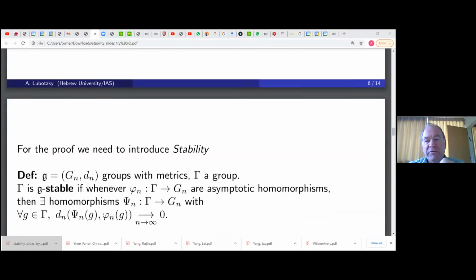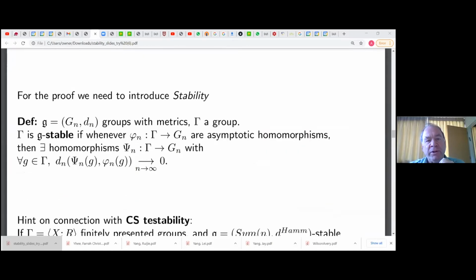Okay, for the proof, from now on, I basically start a new talk, a new 12-minute talk, on the subject of stability, which is of interest on its own. And I have to admit that I started to study this type of problem because of interest in stability, and my interest in stability came in some sense from computer science, from something called property testing.